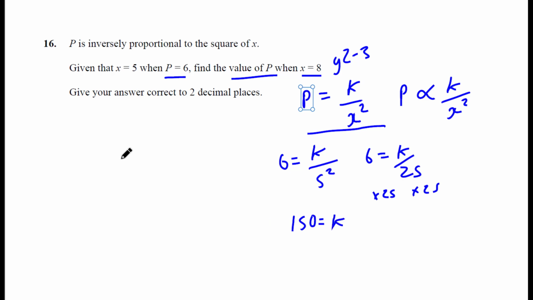So we rewrite that formula down as p equals 150 over x squared. We're trying to find the value of p when x equals 8, so p is going to equal 150 over 8 squared.